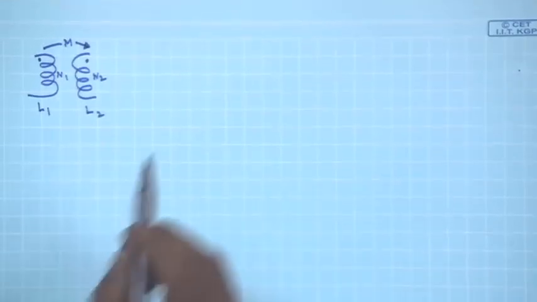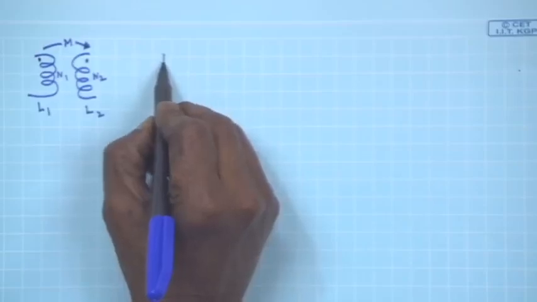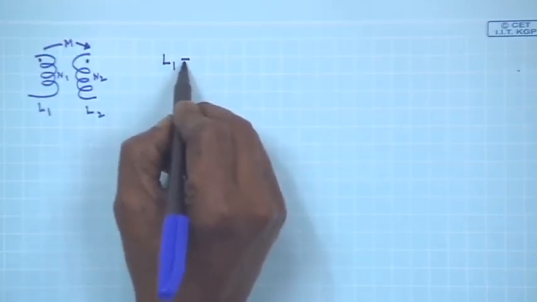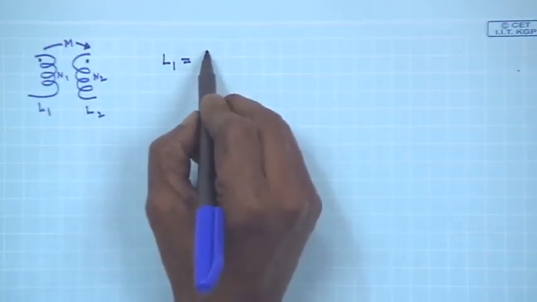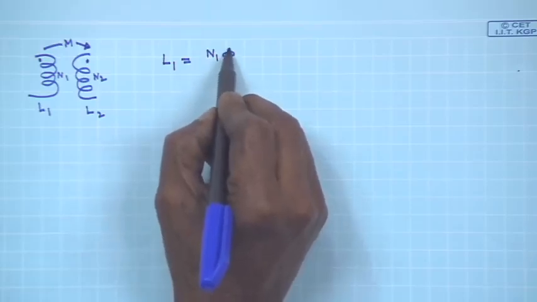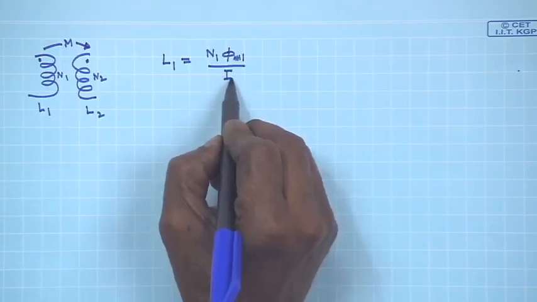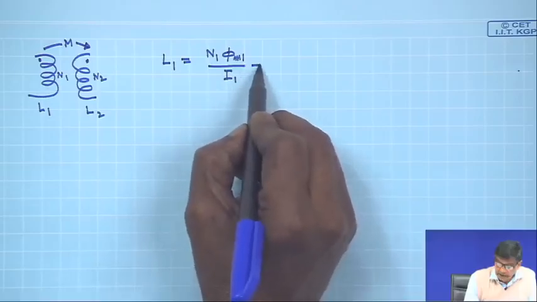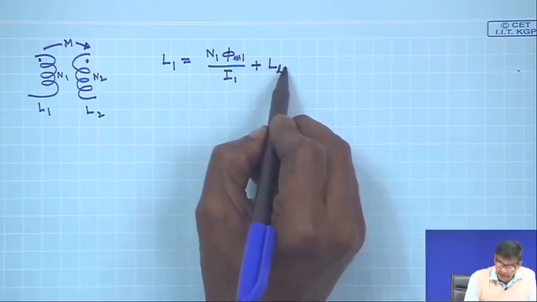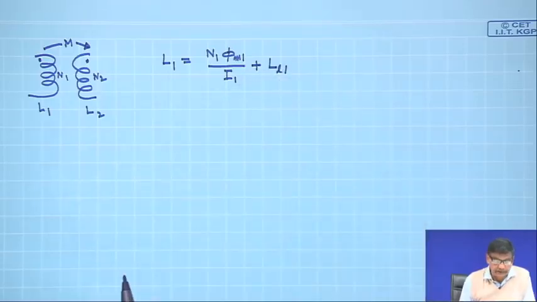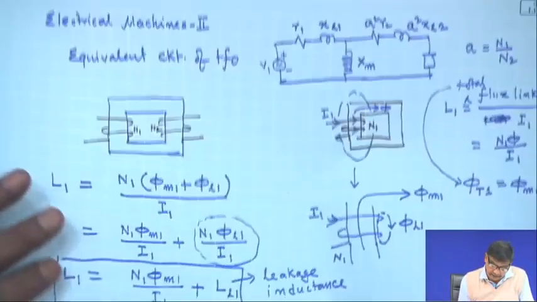You recall that the expression of the self inductance we got as N1 phi m1 by I1 plus L_L1, the leakage inductance. In our first unit we have discussed this, that is the first lecture.